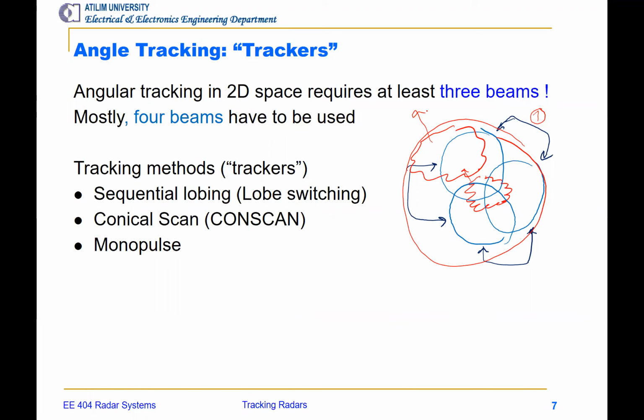And in practice, there are usually 4 or more beams. There are 3 tracking methods: sequential lobing, conical scan, and monopulse. In the remaining slides we will be talking about these tracking methods.